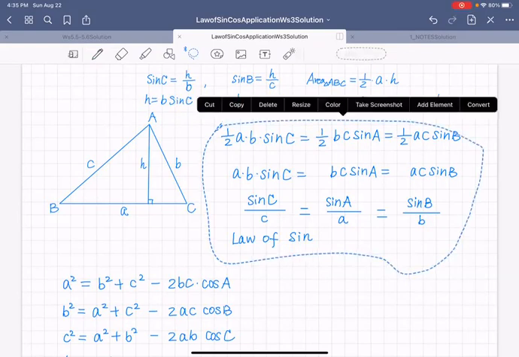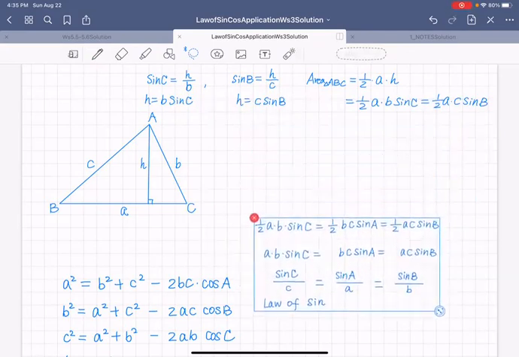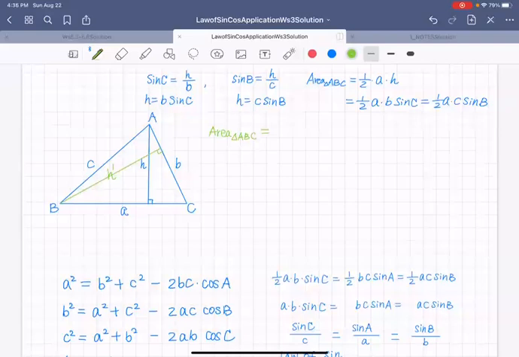Now we are going to see the other directions. If I draw the altitude in this direction, this green one, and I call it H prime, the area for triangle ABC, this time I'm going to choose B as the base and H prime as the altitude.